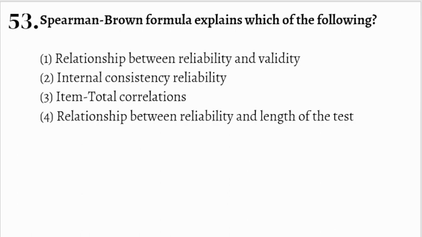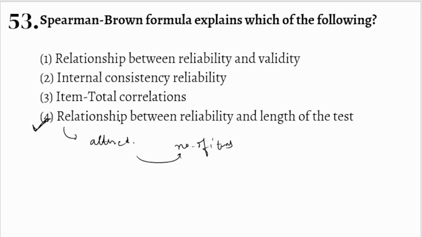Okay, so yes, very well done. Spearman-Brown formula explains the relationship between reliability and the length of the test. It is used when the length of the test is altered. For example, we have increased the number of items, and it will always be used on homogeneous tests, or the tests which measure the same construct.